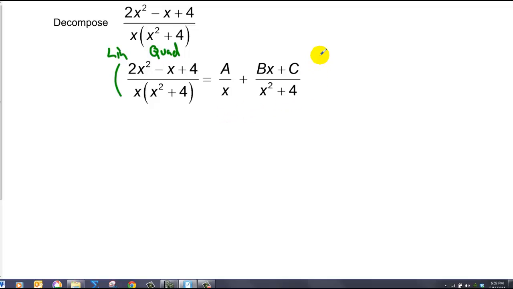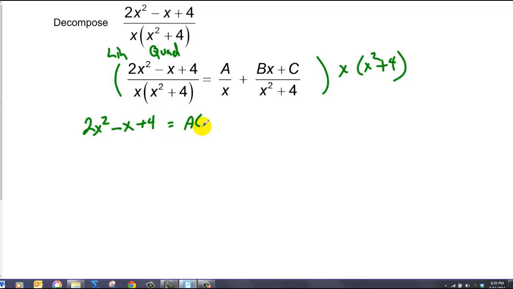I want to solve for a, b, and c, which means I'll multiply by x times x squared plus 4. This is going to give me 2x squared minus x plus 4 is equal to a times x squared plus 4, plus bx plus c multiplied by the quantity of x.